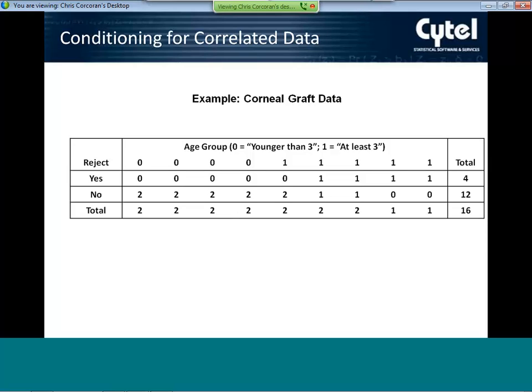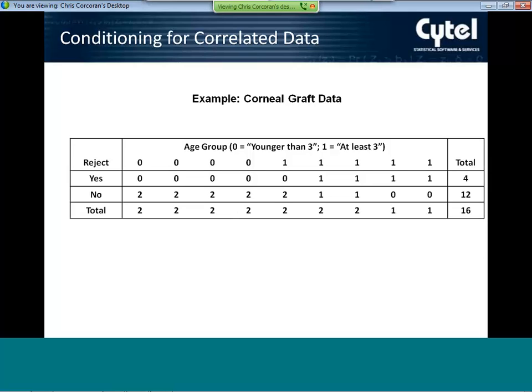So you can see there were 7 children with 2 grafts and 2 children with 1. And I've coded the treatment or exposure as either 0 or 1: 0 for those children who are younger than 3, and 1 for the children who are older than 3. And then for each child is recorded the number of rejections.